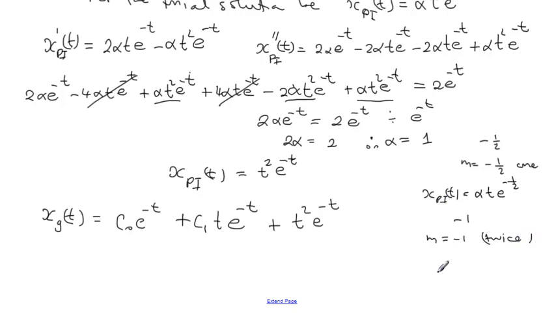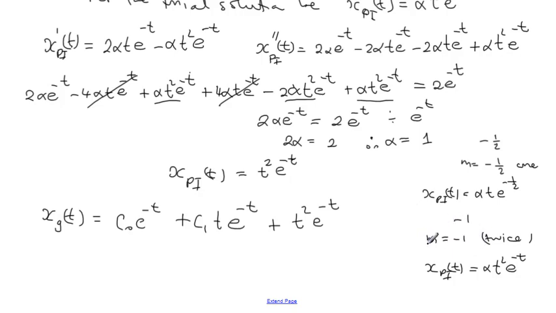Then the trial solution which worked was x pi equals to alpha t squared e to the power minus t. So what I'm suggesting, in my example, I started by trying alpha t to the power 0, then followed by alpha t to the power 1 until we get to 2 here. I was just doing that to show you what you could get.